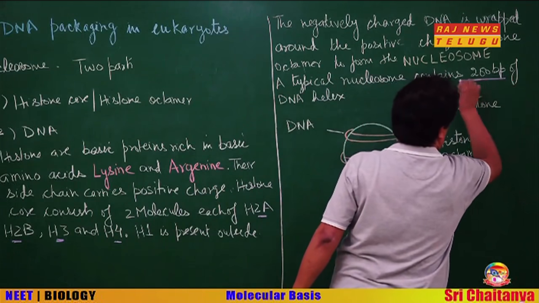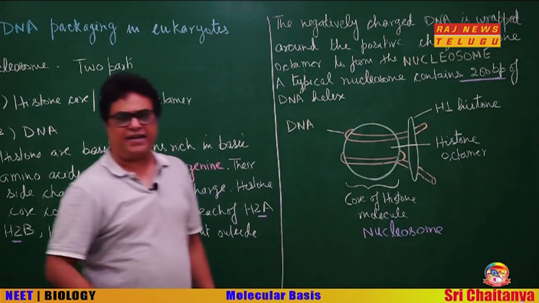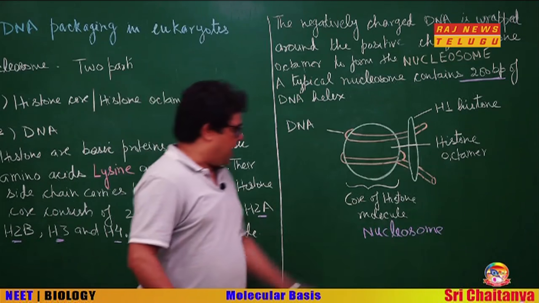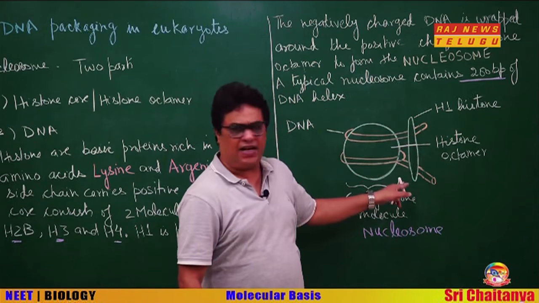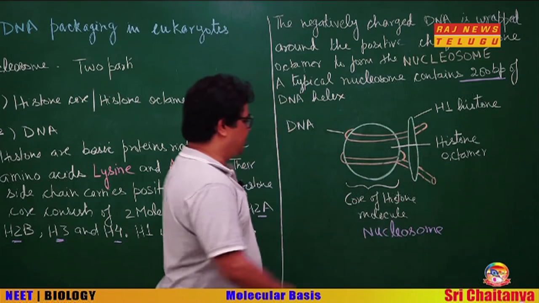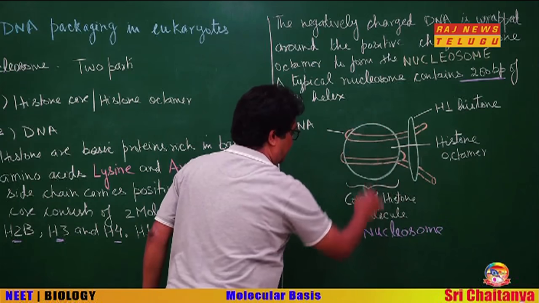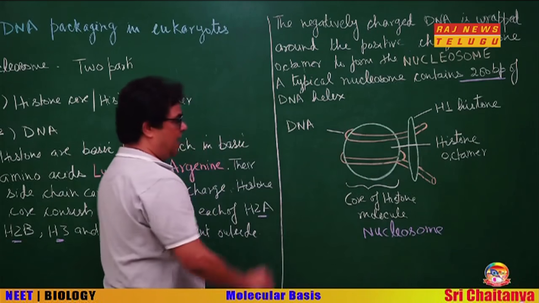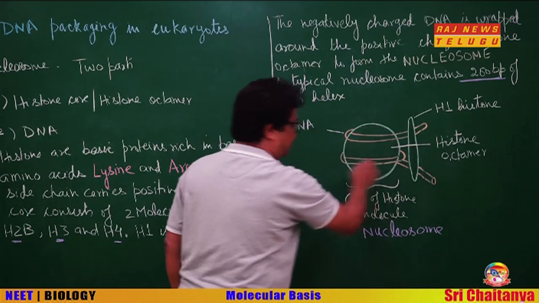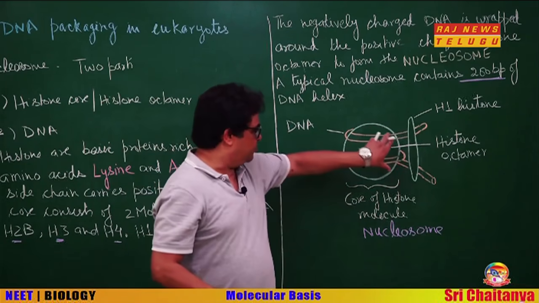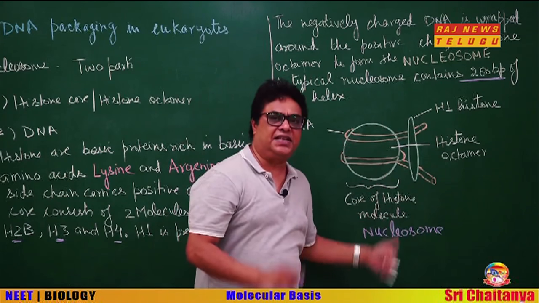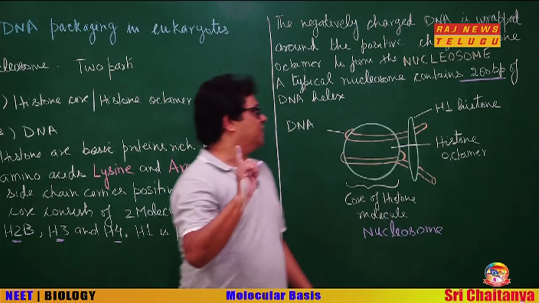A nucleosome contains 200 base pairs of DNA wrapped around the histone core, and outside there is another histone, H1. You can see the histone core, which is the octamer, and around it this orange color is the DNA wrapped around it, and outside, to hold this DNA tightly, is the H1 histone. This is a single nucleosome.